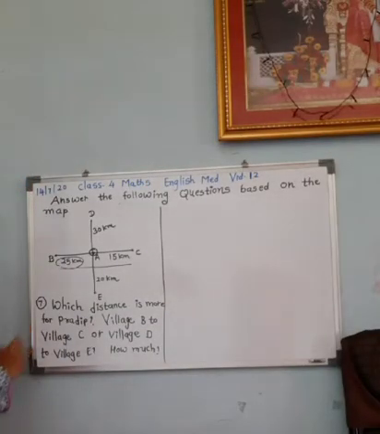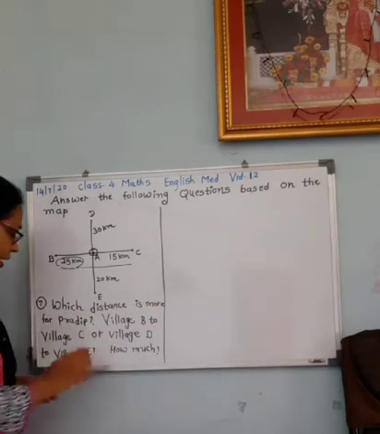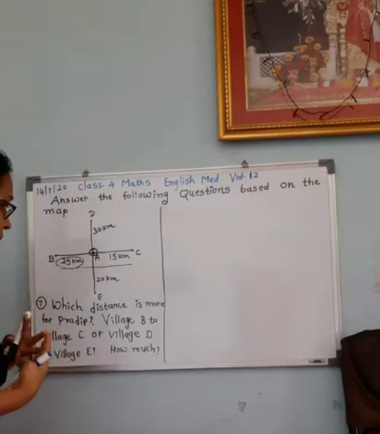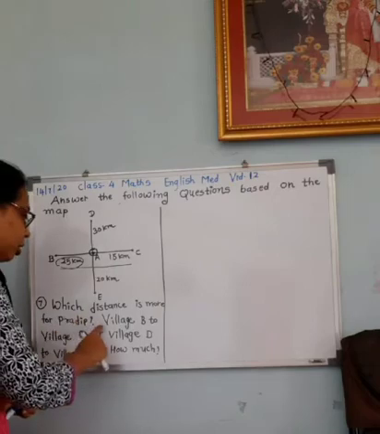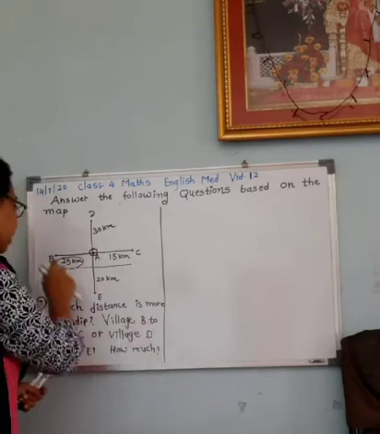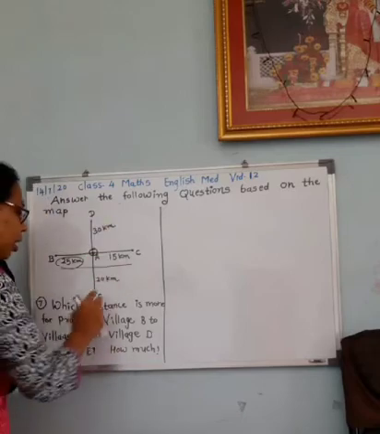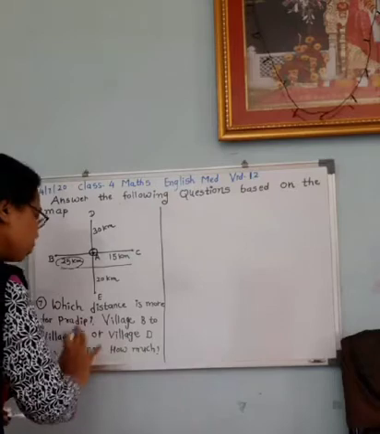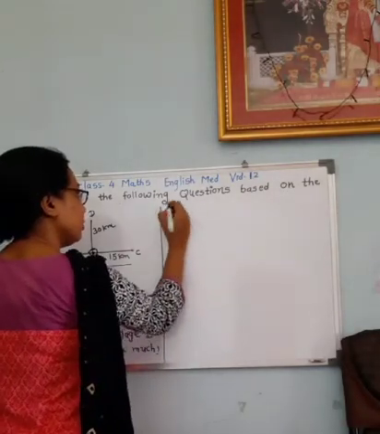Now the seventh question, which distance is more for Pradeep? Here one boy named Pradeep. Which distance is more for him? Here village B to C or village D to E. First we have to find the distance of village B to C. Distance, this is the solution.